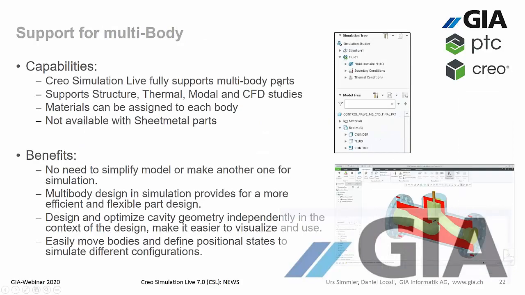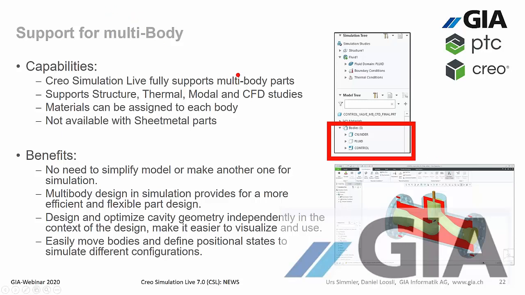And by the way, Creo Parametric 7.0 now works with multi-body capabilities, and multi-body capabilities are perfect for fluid analysis. That means with different bodies we can assign different material behavior to the bodies, so it's quite easy to build fluid models especially.